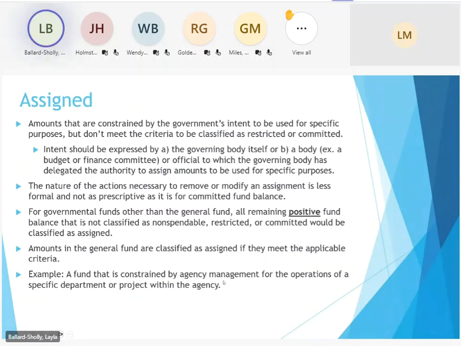So if you have a department that sells law books and management just wants to track what they're doing, and everything that goes in that fund must only be spent on their operations, the revenue stays in that fund, that would be an assigned fund balance.